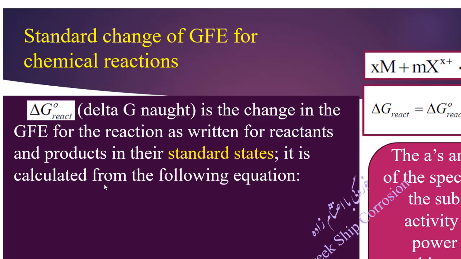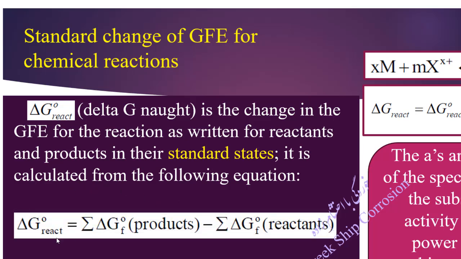It is calculated from the following equation. Delta G naught reaction equals the summation of standard Gibbs free energy of formation of products minus the summation of standard Gibbs free energy of formation of the reactants.